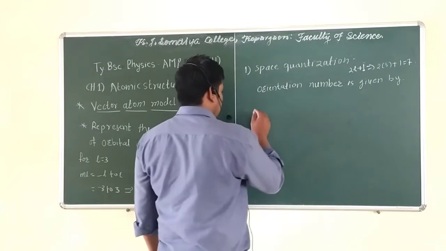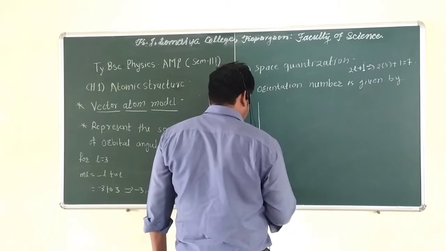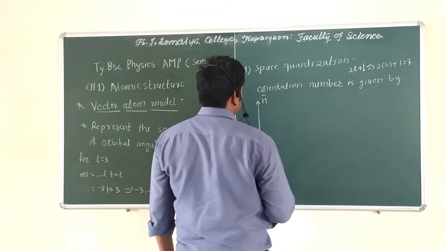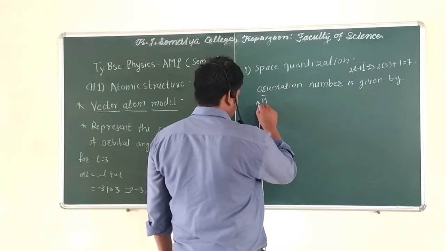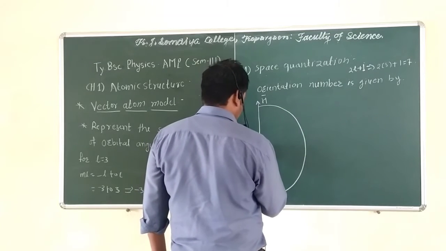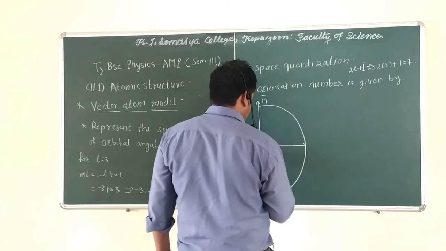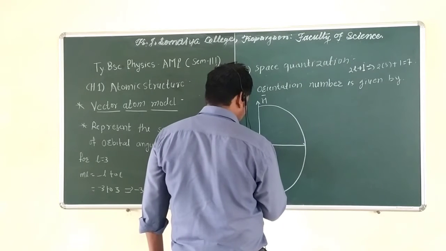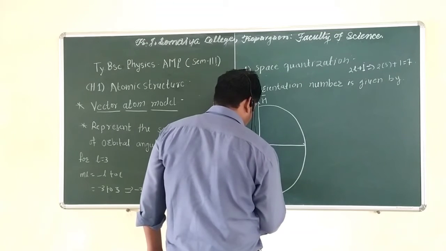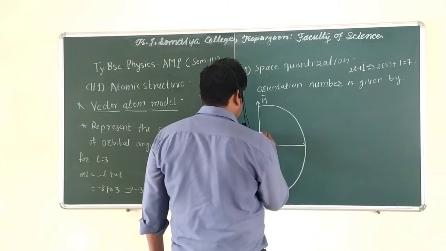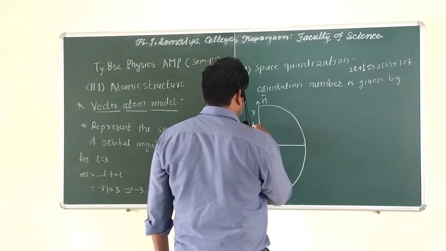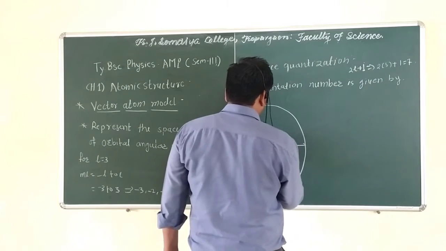If we draw the space quantization diagram again, the external magnetic field is along the fixed z axis and the space quantization is confined. In the middle, 0 is there, and then minus 1, minus 2, minus 3, and plus 1, plus 2, plus 3 are also there.